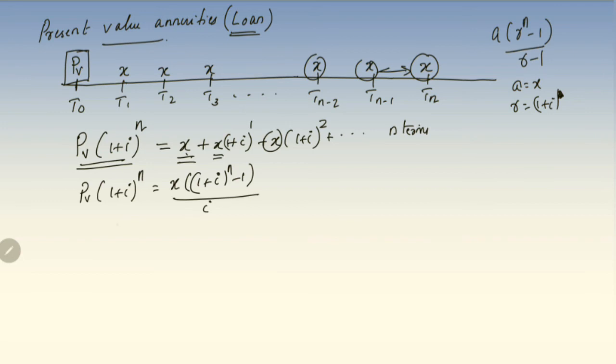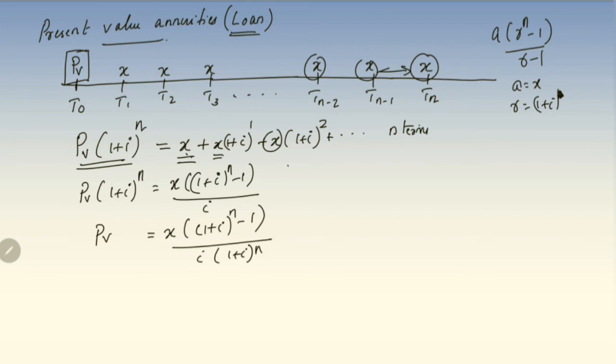Is it clear? Therefore, present value is equal to, you have to divide both sides by 1 plus i to the power n, isn't it? So it's going to be x times bracket 1 plus i to the power n minus 1 divided by i, then we are dividing by 1 plus i to the power n.